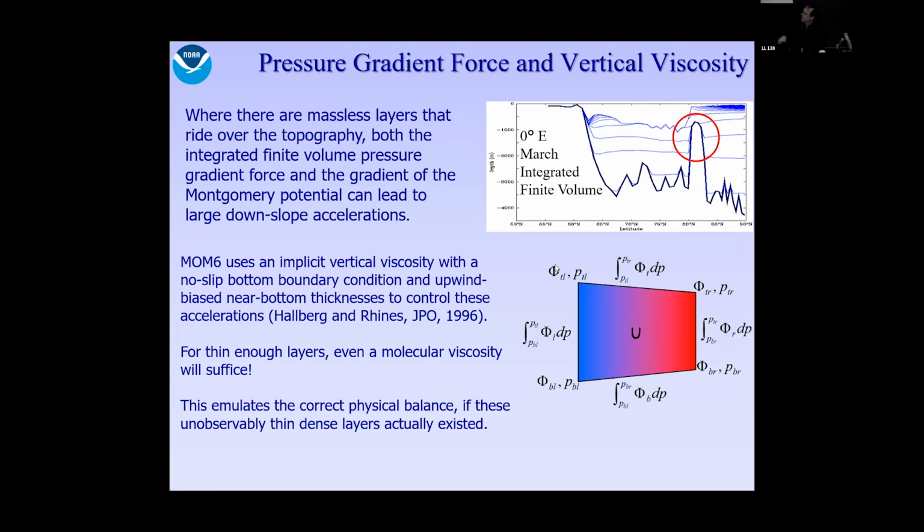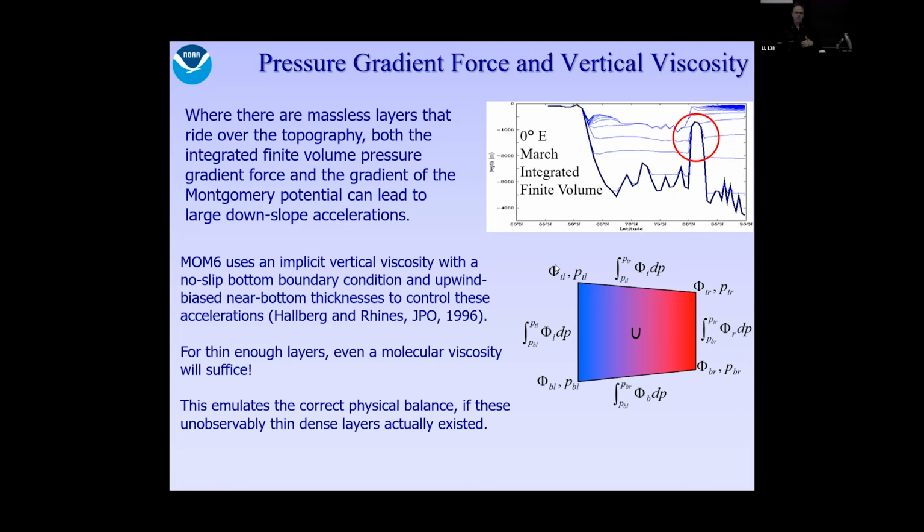And so what we do in MOM6, following on something that goes, for me, way back to my days as a graduate student, is we use the balance that would really apply if you had a very thin sheet of fluid riding up over the topography. If it's thin enough, it's embedded in a viscous boundary layer, and it doesn't move. So we use an upwind biased estimate of the thickness in the vertical viscosity to arrest this downslope flow.